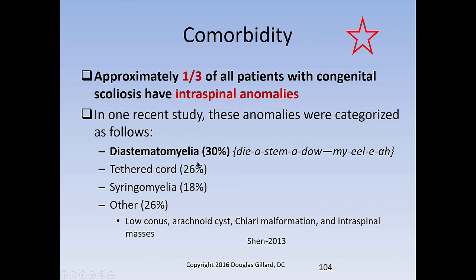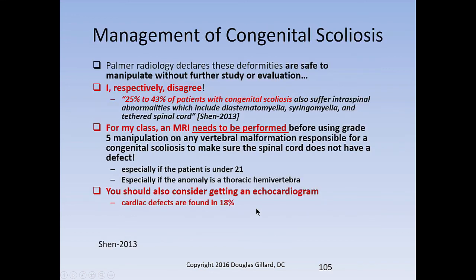So why not get an MRI just to make sure? Why would you do a grade 5 adjustment on someone when you're not 100% sure if they have a tethered cord or a syrinx down there? Syrinx can occur, diastematomyelia. So do an MRI on these people. Management of scoliosis. Okay, here's where I already said this.